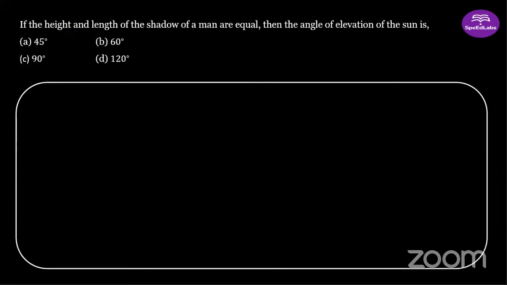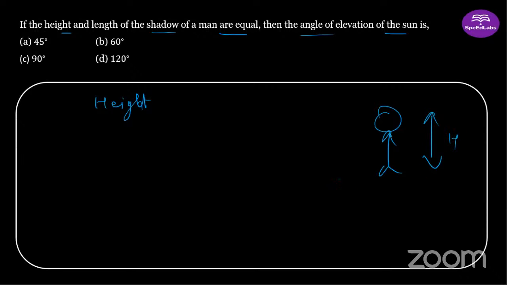If the height and length of the shadow of a man are equal, then the angle of elevation of the sun is. This should be a direct question. They're saying height and length are equal. Like if there is a man standing here, whatever is his height is equal to his shadow.